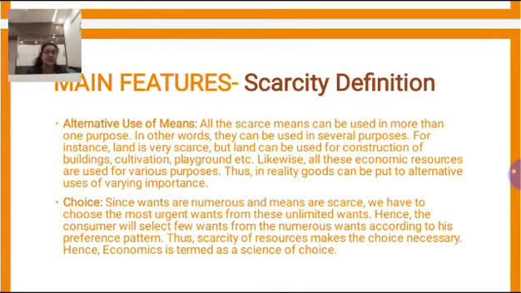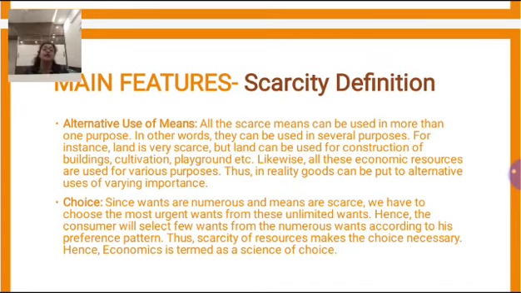Next is choice. With these three things, the first was unlimited ends, that is unlimited wants. The second was limited resources or limited means. The third is alternative use of means. So these are the three reasons which lead to the fourth point, which is choice. Because there are unlimited wants, limited resources, and the resources have alternative uses, we have to choose between the options, right?